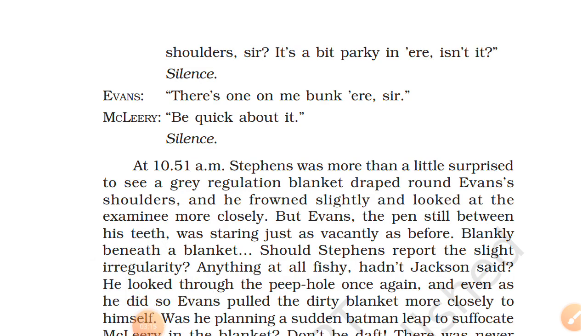Children, while the examination was on the go, Evans felt chilly and wanted to make use of a blanket. So he asked permission and McCleary allowed him. And the governor listens to all such dialogues through that bugging instrument, right?